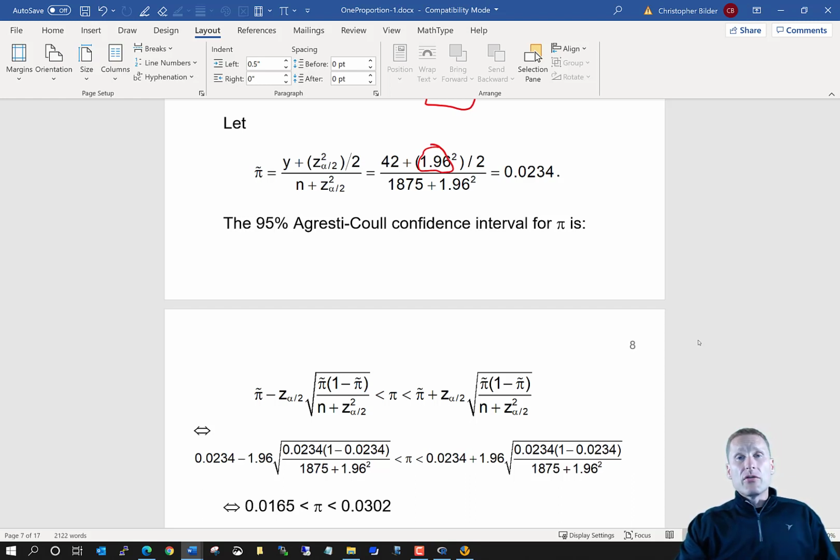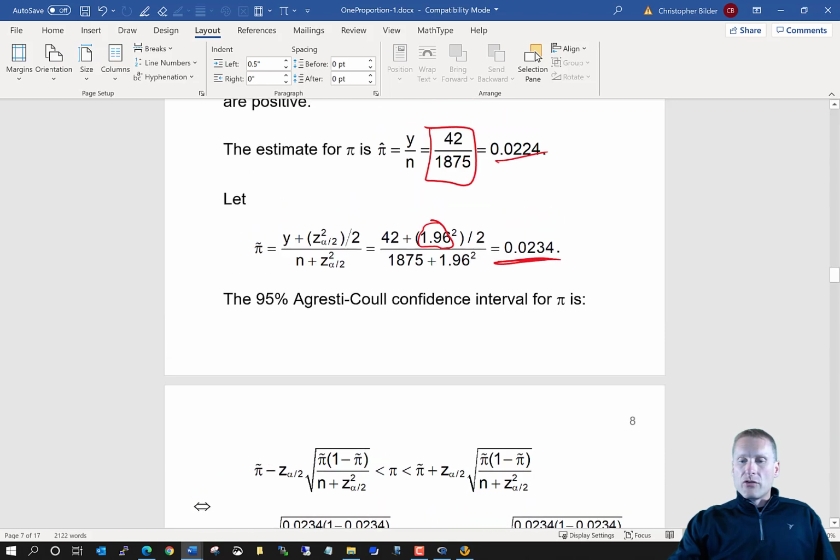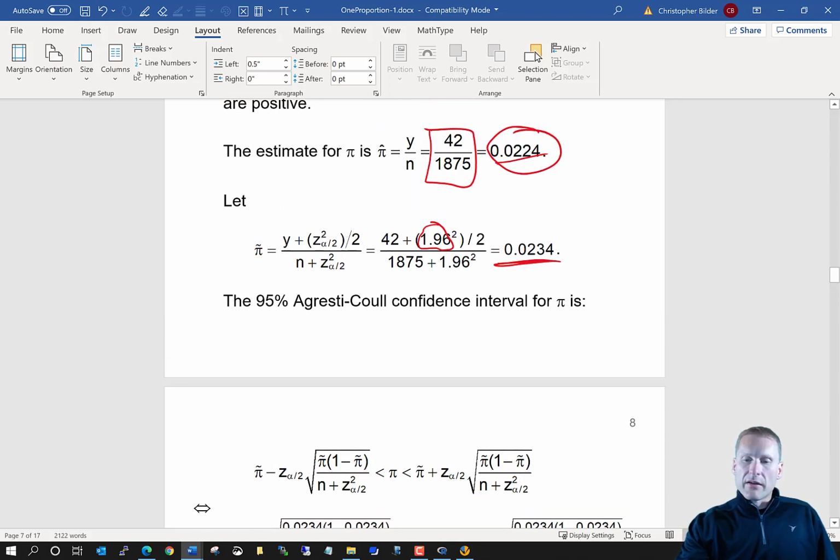Again, you could use the qnorm function to find that. And I get this adjusted estimator of 0.0234. Notice how that is greater than what pi hat gives us. And again, that's what pi tilde is always going to do. It's going to move us away from the most extreme possible values for what a value of pi could actually be.